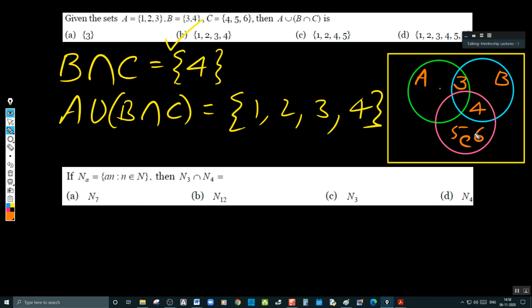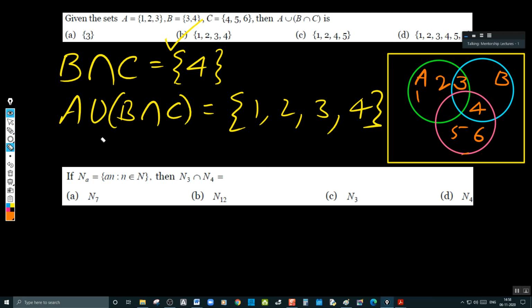And A is containing what? 1 and 2 are to be marked inside A but not common to B and C. That's what I marked.